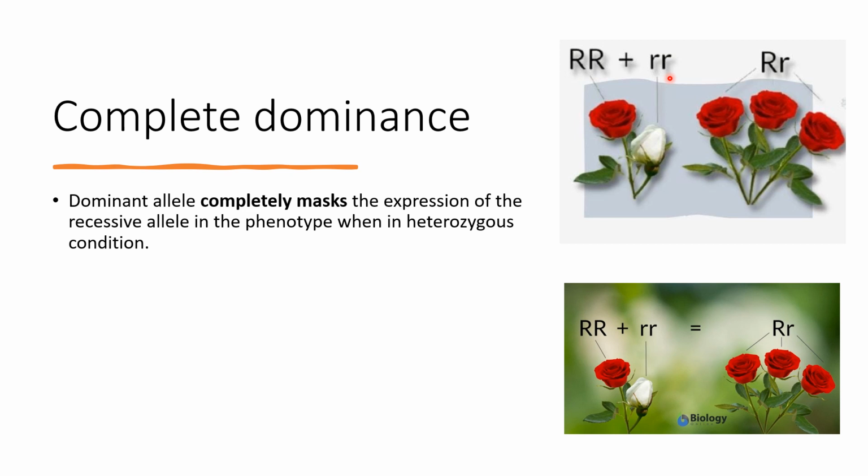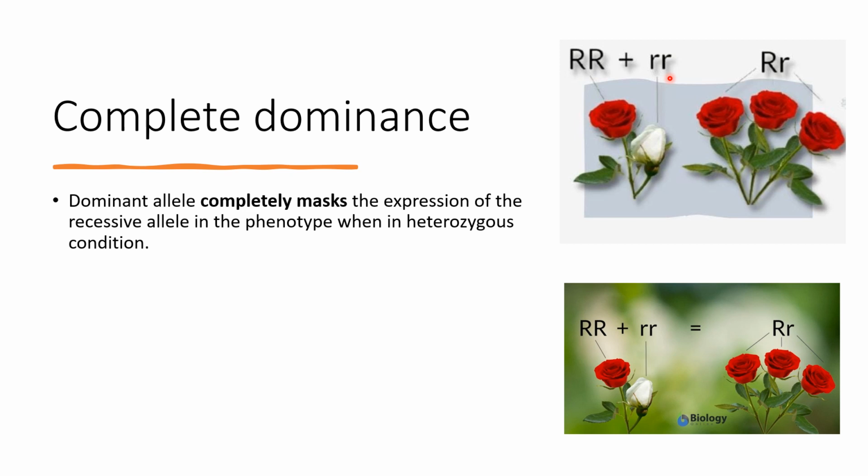And then you must know what they mean by homozygous and heterozygous. If I can simplify it for you, when we talk about heterozygous, remember the word hetero means different. Zygous refers to alleles, so hetero means different.